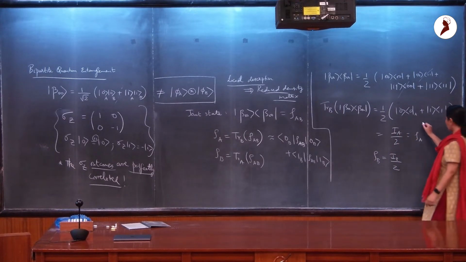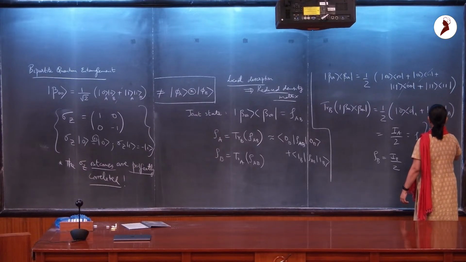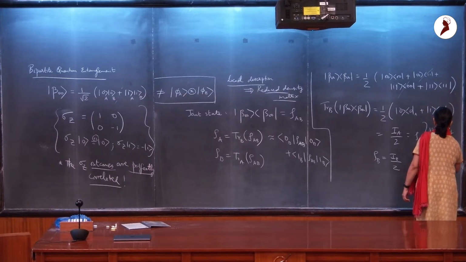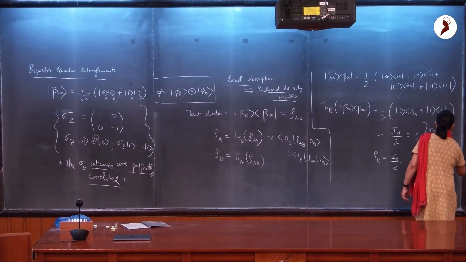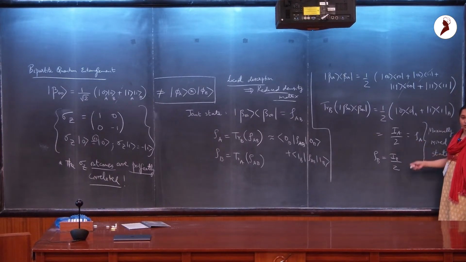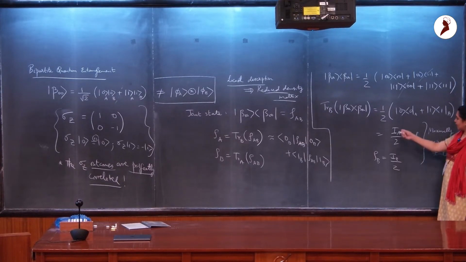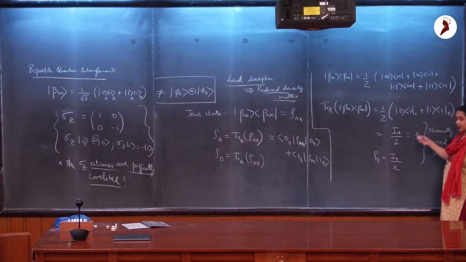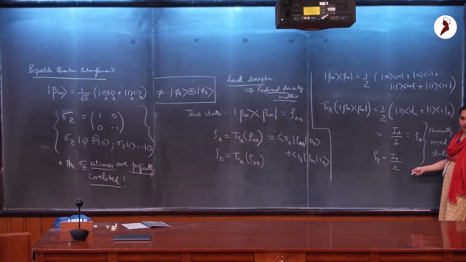And remember, we called these maximally mixed states yesterday. Which means these are the states with the largest entropy in each subsystem. In this case, it's log 2, which is 1, right?